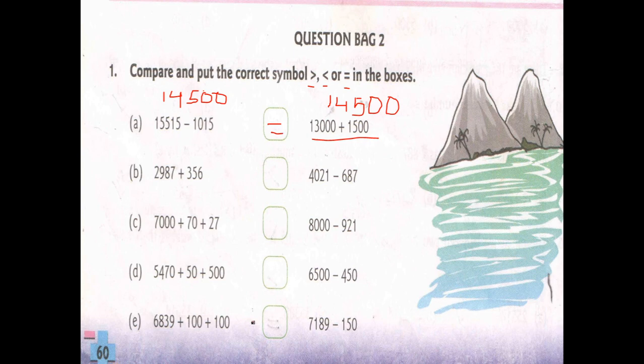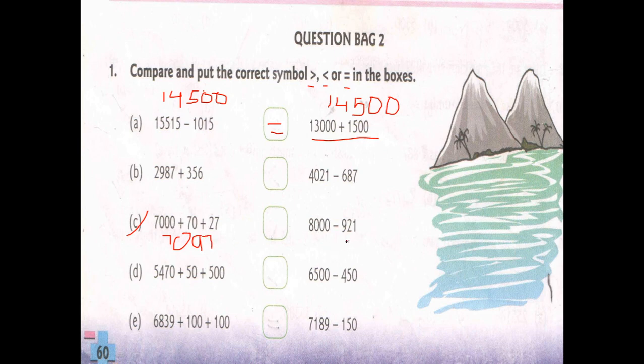So before putting the sign, you have to solve the questions. I am taking the (c). When you are adding 7,000 plus 70 plus 27, that is equal to 7,097.